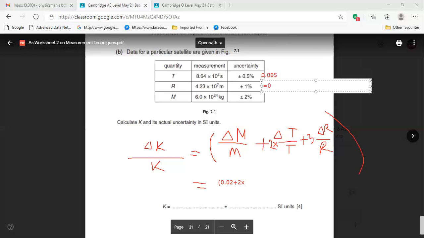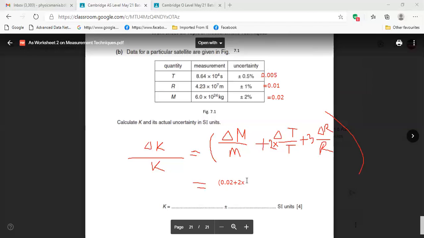Equals 0.01. Then we have 0.02. Now you have to write here 0.02 plus del t by t, we have 0.005.